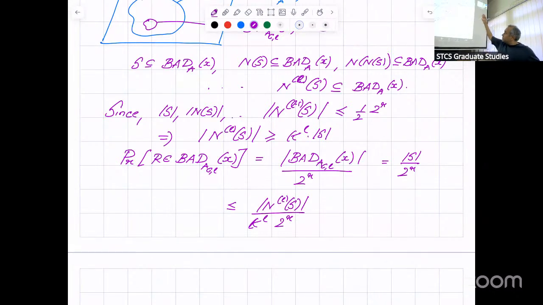But N^L of S is still in bad AX, so this is still less than or equal to the size of bad AX divided by kappa^L times 2 to the R. This we know is half.